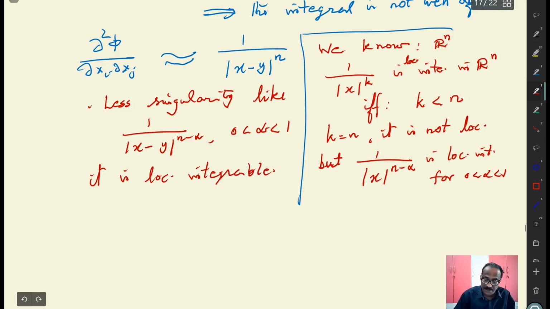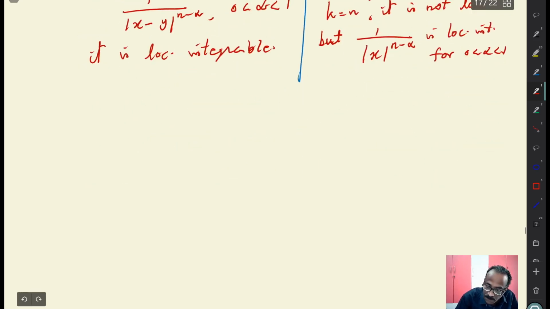And this alpha is what? This is the alpha we are looking for in f, because we cannot remove the singularity from phi.